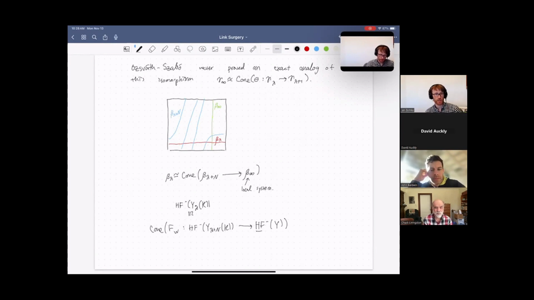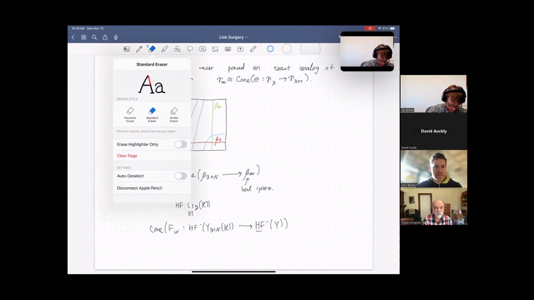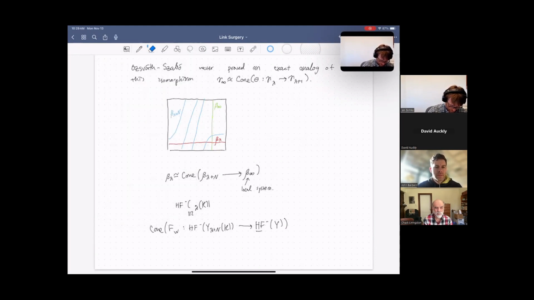But maybe instead of Y, I'll just put in S3, so that we can see a little better. This is what they prove, but you'll observe this is not quite the mapping cone formula.